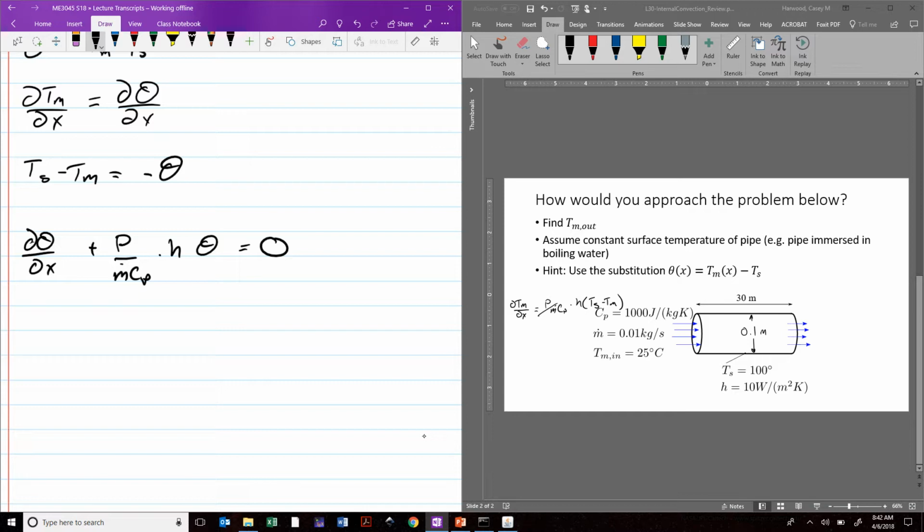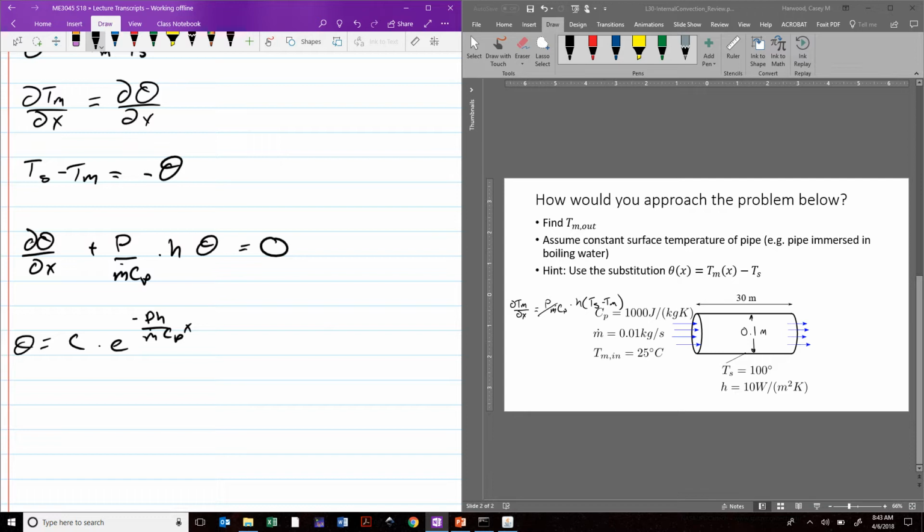So this suggests, right, that theta is going to be equal to some constant times e raised to the negative pH over m dot Cp x. We'll leave it in that form because that's the most direct approach.